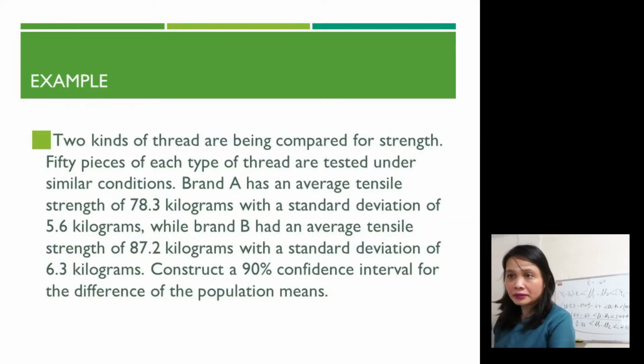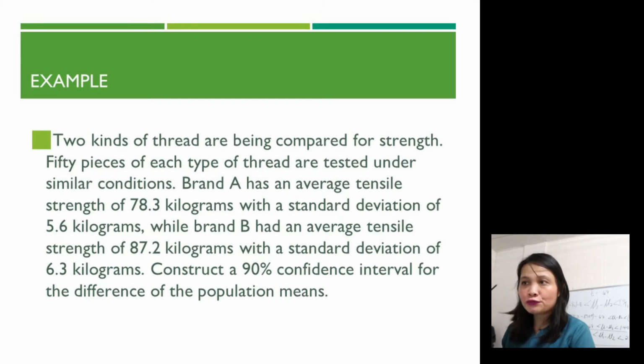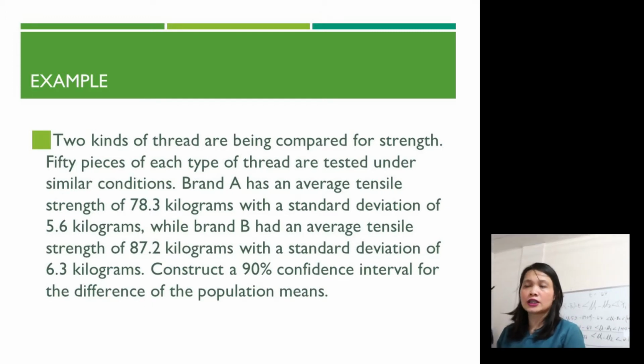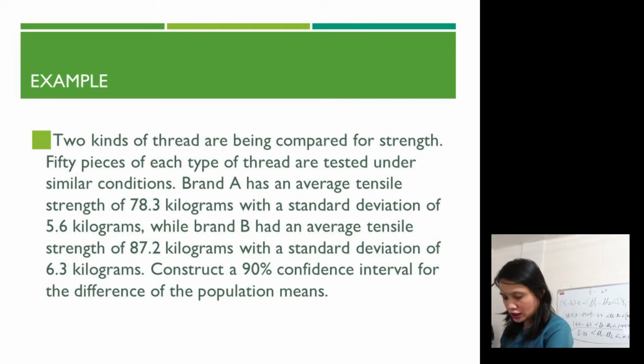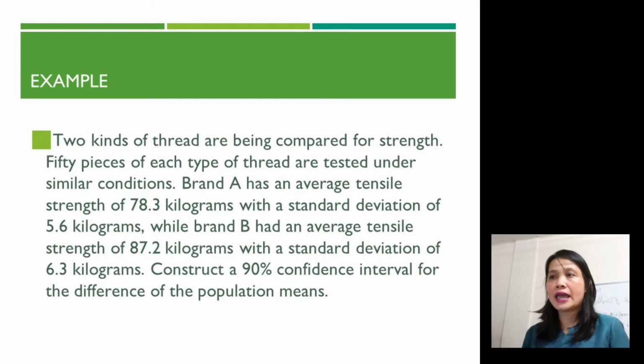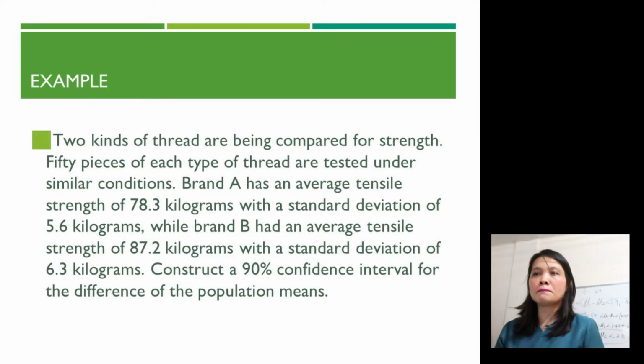Two kinds of thread are being compared for strength. 50 pieces of each type of thread are tested under similar conditions. Brand A has an average tensile strength of 78.3 kilograms with a standard deviation of 5.6 kilograms, while brand B has an average tensile strength of 87.2 kilograms with a standard deviation of 6.3 kilograms.